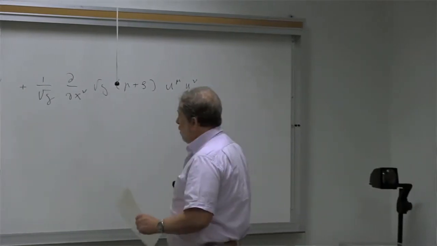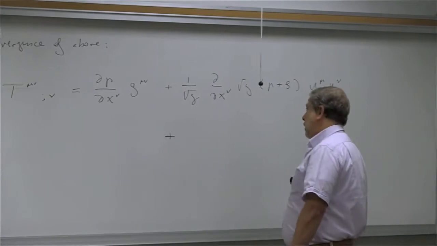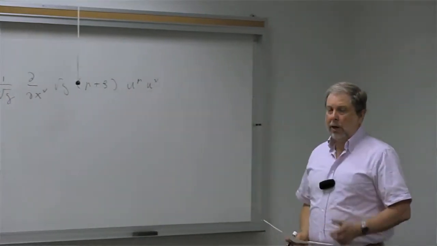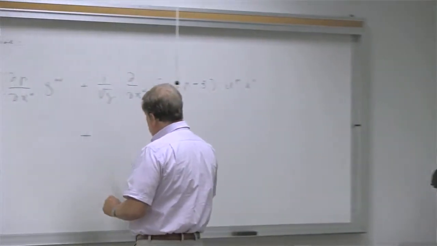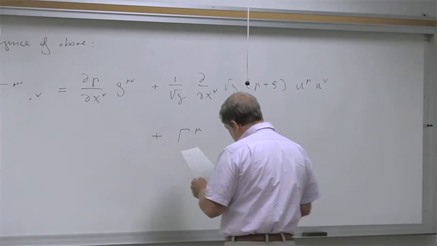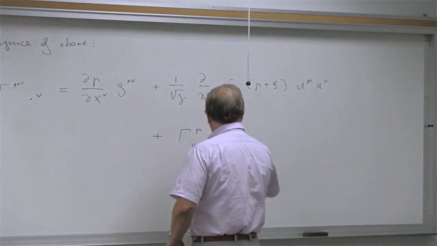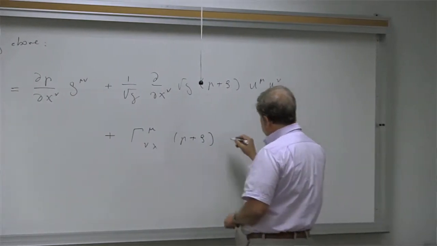Right? And well, whenever we do a covariant derivative or a divergence, unless there is some miraculous cancellation, we're going to end up also with an affine connection term. And that, of course, we have here as well. So we have a gamma mu nu lambda of (p plus rho), and then u nu u lambda.